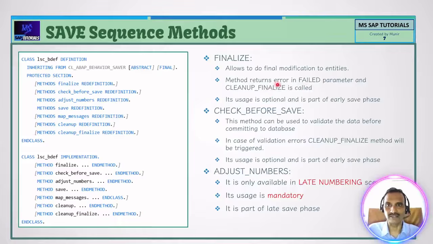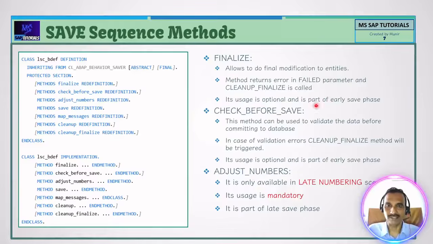Once the finalize is successful, and you see, this is not a mandatory thing to be implemented. It is redefined but not implemented. Implementation is not mandatory for finalize, but you have to redefine it. And redefinition, when you create your class, will always be done by the framework. When the class is created, all those methods will be given to us as redefinitions.